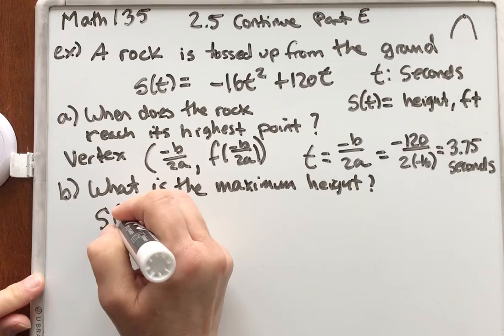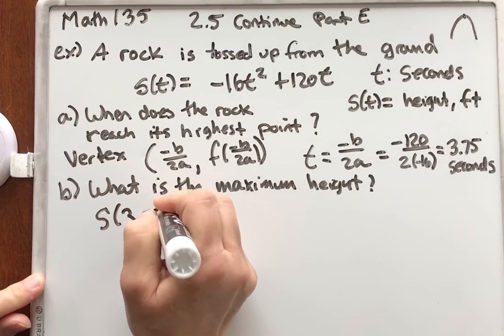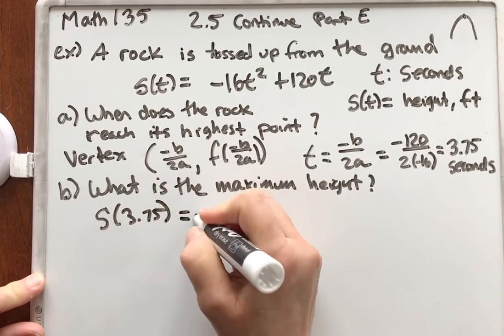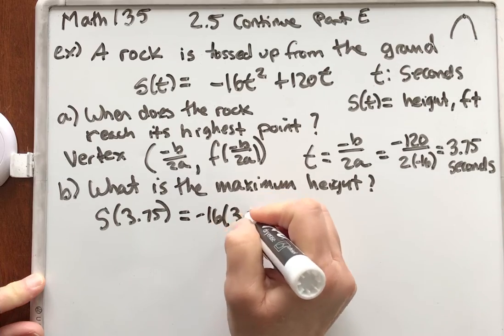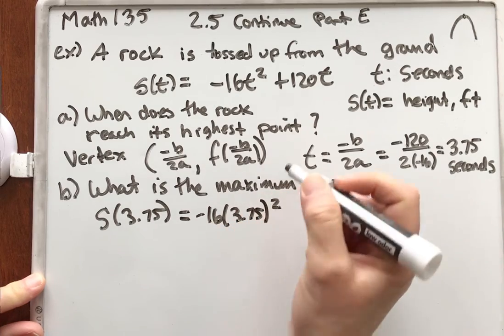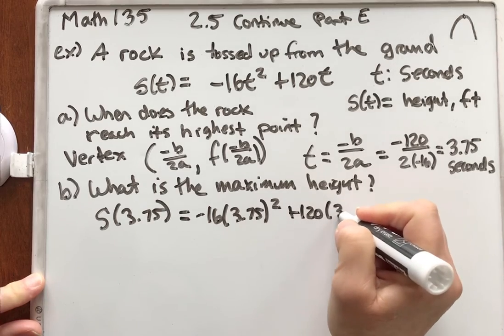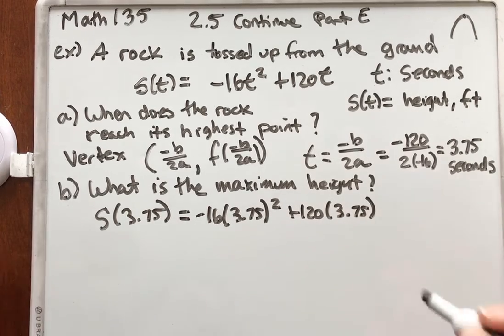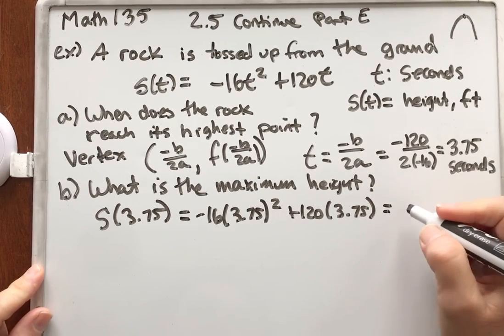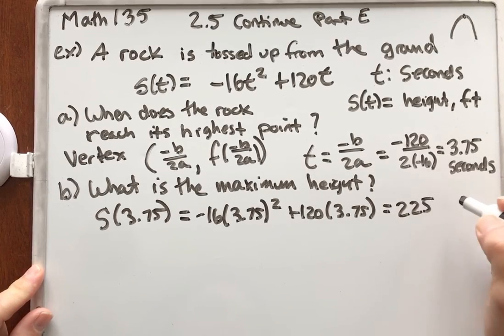So we have S of 3.75 equals negative 16 times 3.75 squared. We're putting it right into our equation. Plus 120 times 3.75. All right. Now when we do that, we end up with 225 feet.